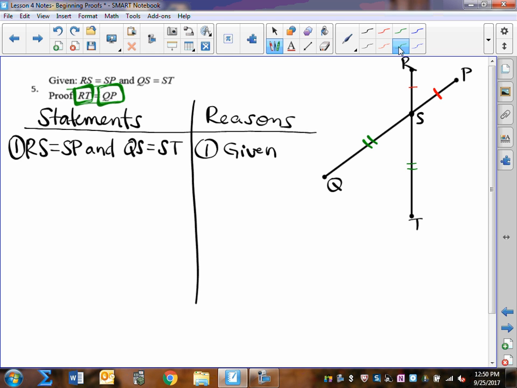Questions on that? Okay. So your homework is again worksheet 5. I do want you to also try this proof. And remember, next class we'll have a quiz over what we've learned with proofs and properties of segments.